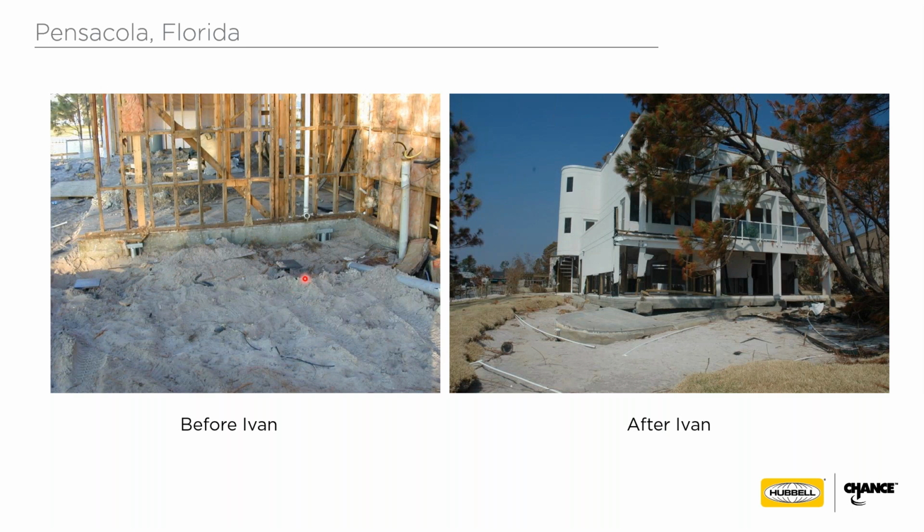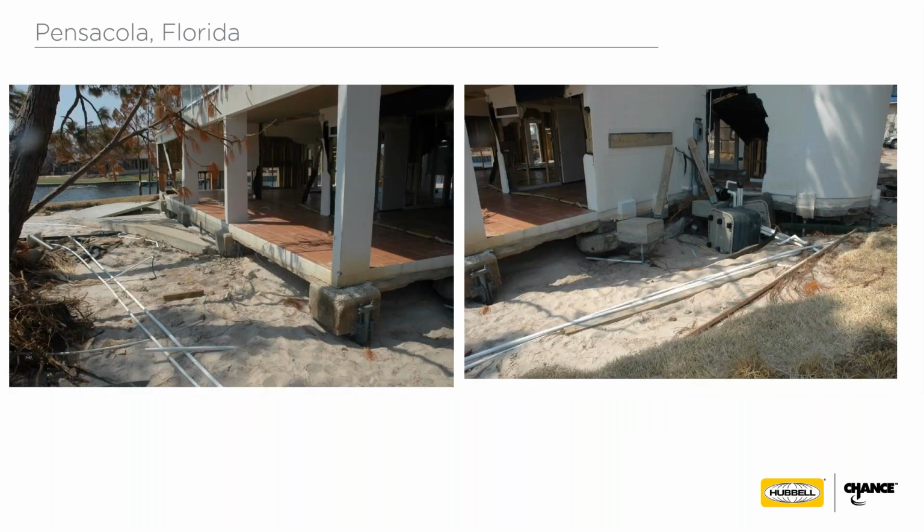So Ivan came through, the home was undermined. You see it's undermined about 18 inches, and this home was still standing. The homes on both sides of this house had to be demolished, and they had to start from scratch. So you can see how, with the undermining here, the underpinning piles, the structure survived.